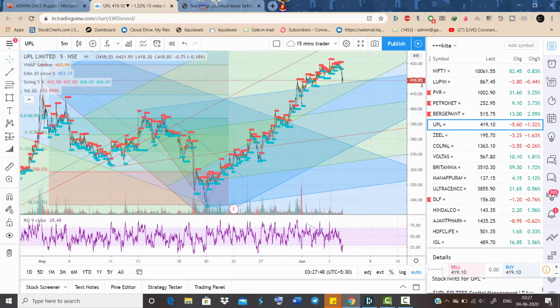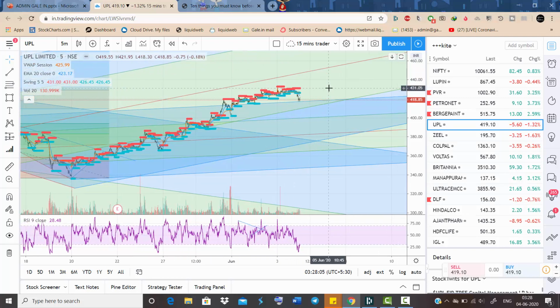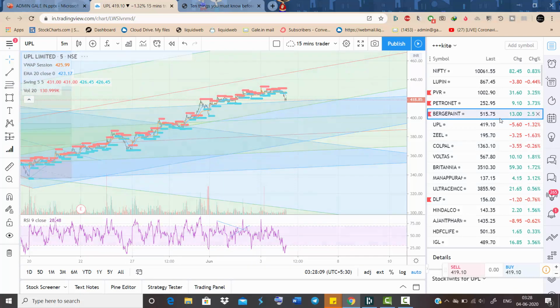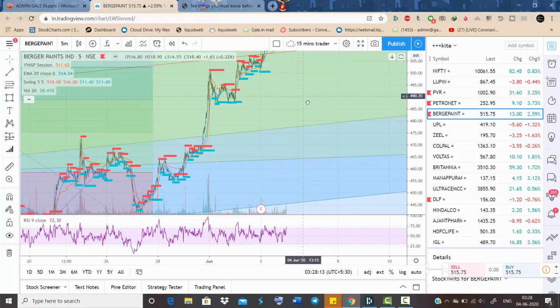UPL has good. You can see this channel has been passed and it is trying to move towards this median of 440. So once this breakout happened, it was moving swiftly, but today it has come down. So Berger Paints, you can see the same thing with Berger Paints.